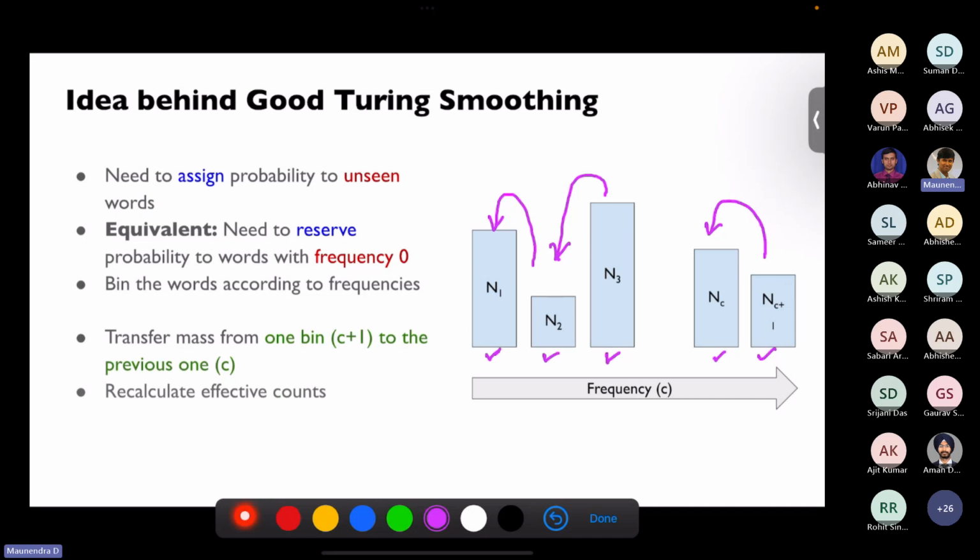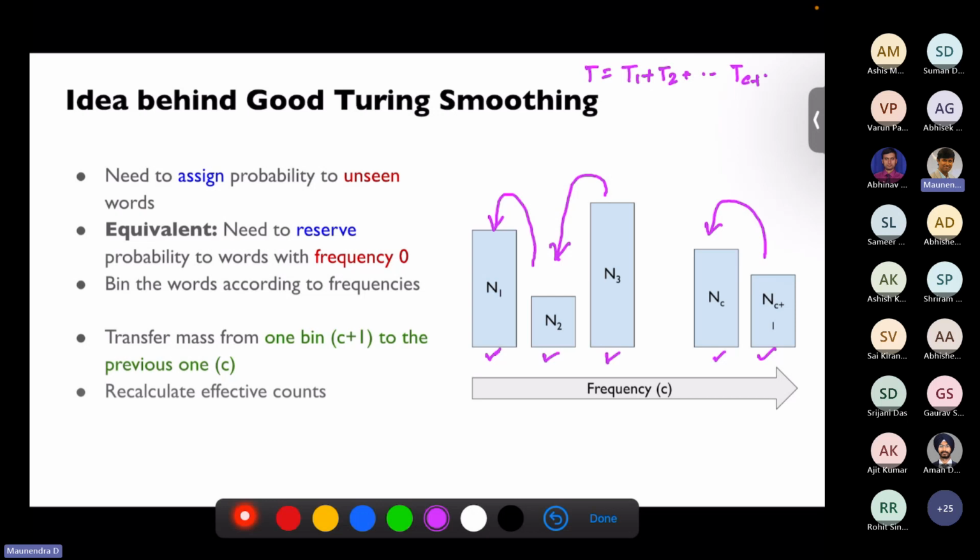Earlier, if we talk about unigrams, the total number of tokens T was equal to the summation over C of the total token count for count equal to C, so T1 plus T2 plus up to T(C plus 1).